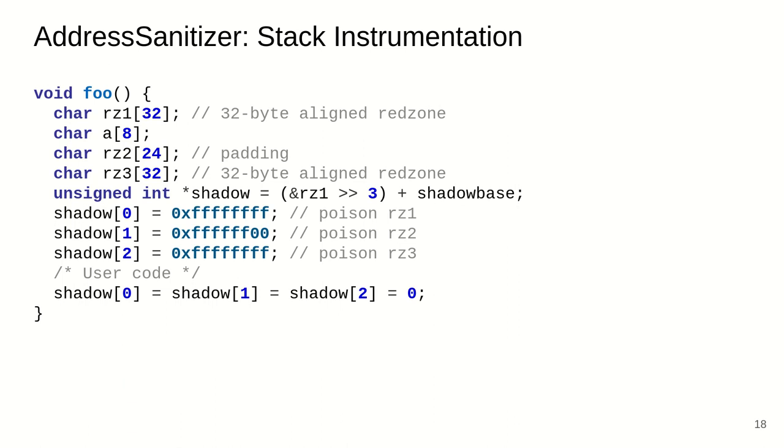It would insert a 32-byte red zone before the 8-byte buffer, add a 24-byte red zone as padding, and then at least a 32-byte red zone later on to make sure the alignment actually works out. And then to poison the value, to record that, hey, these bytes here cannot be accessed, like the 32 bytes before the buffer and the 56 bytes behind the buffer, it would record that the first 32 bytes are not okay.